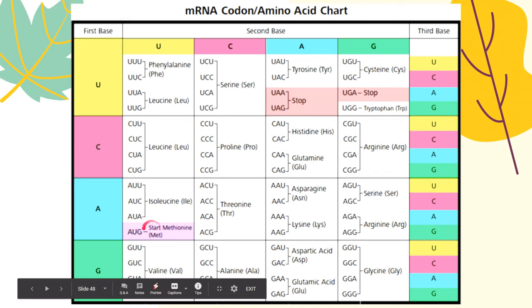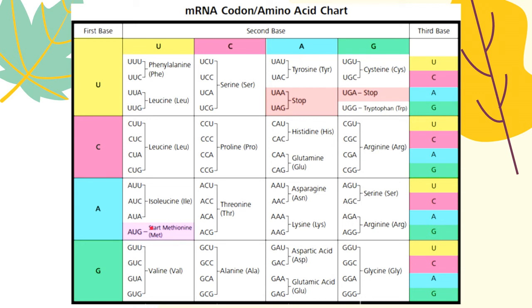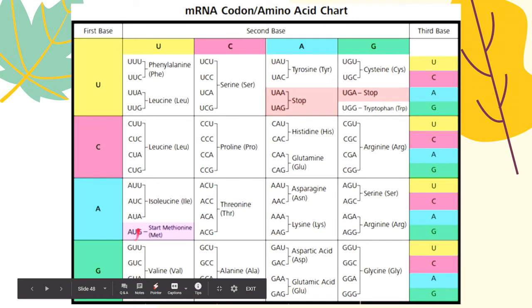So that's what you're going to write. Instead of methionine or met, you will write start because that's the beginning of your amino acid chain. Okay, but if you find this at the middle of the strand, then you write methionine.